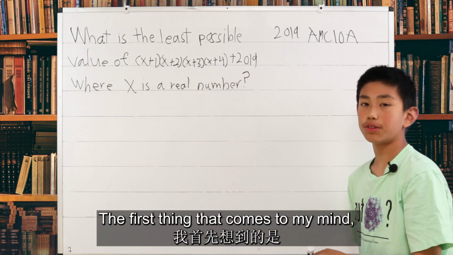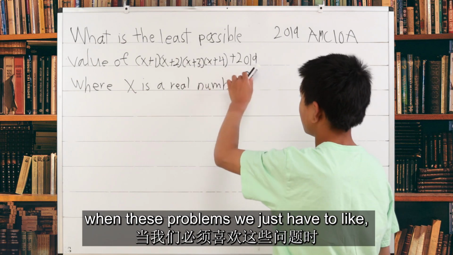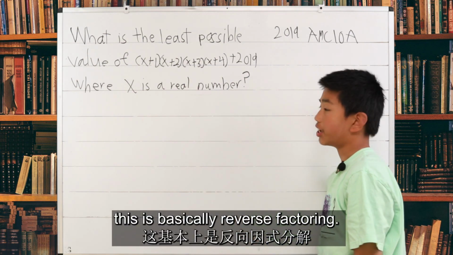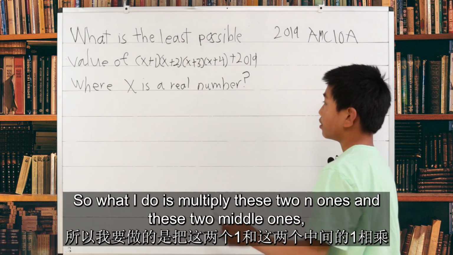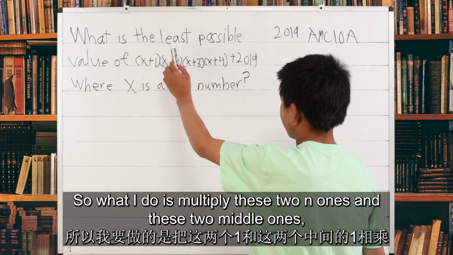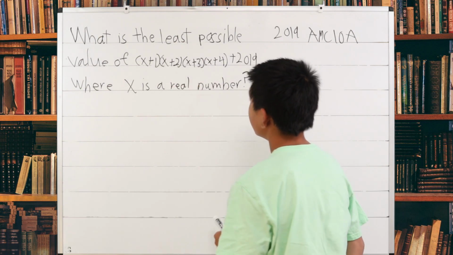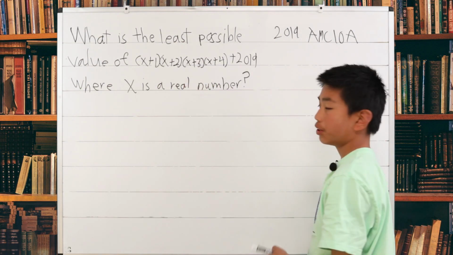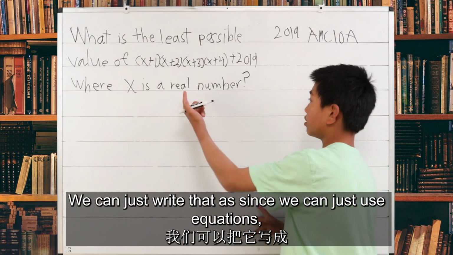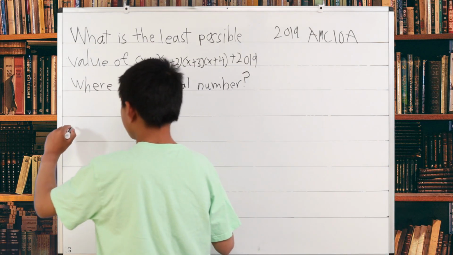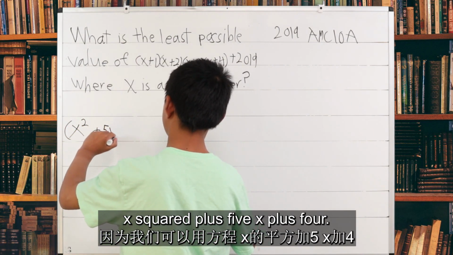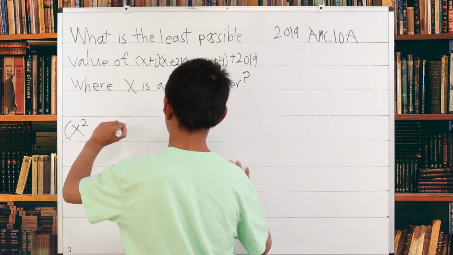The first thing that comes to my mind with these problems is that this is basically reverse factoring. So what I do is multiply these two end ones and these two middle ones. (x+1)(x+4) is x squared plus 5x plus 4.